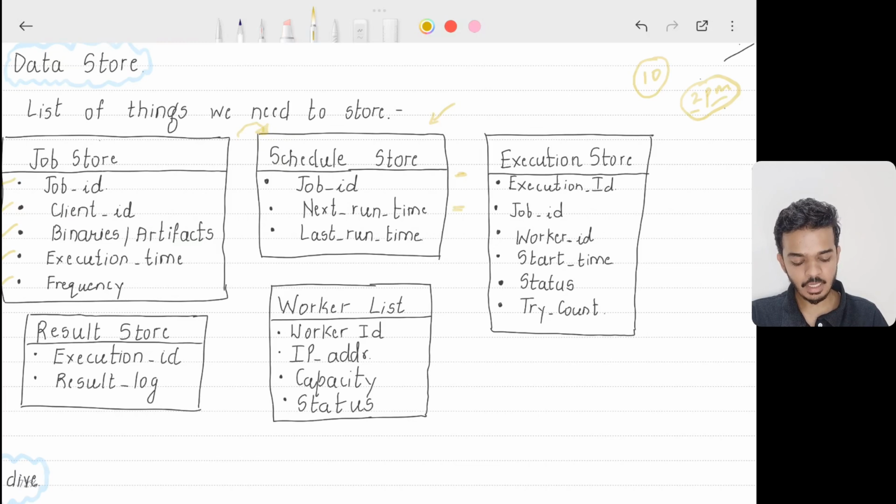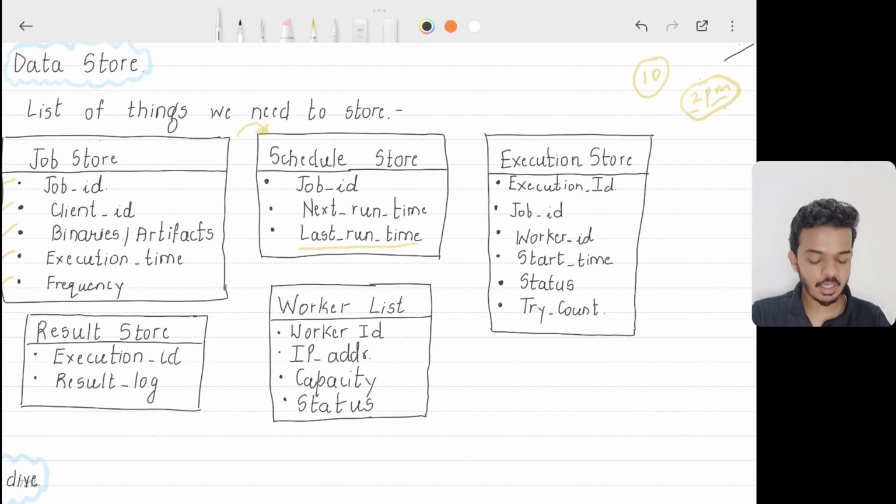It will save the time when it is going to be run next, and it will also save the time when it was last run. If the job is scheduled for the first time, then this value, last run time, would be null. And next run time would be whatever time it has to be scheduled.